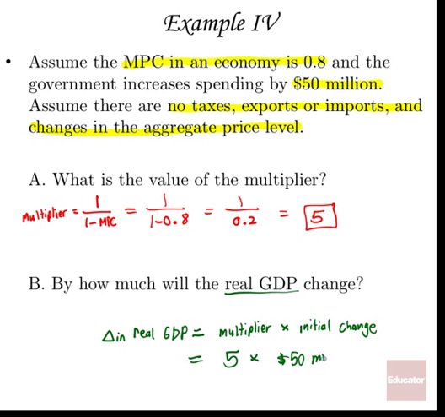And ladies and gentlemen, a $50 million injection in spending is going to have a $250 million positive impact on the GDP here. Whereas if there's a cut in government spending by $50 million, the GDP might reduce by $250 million.